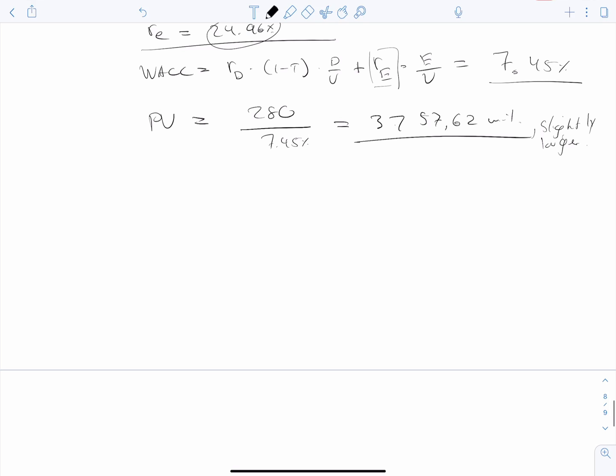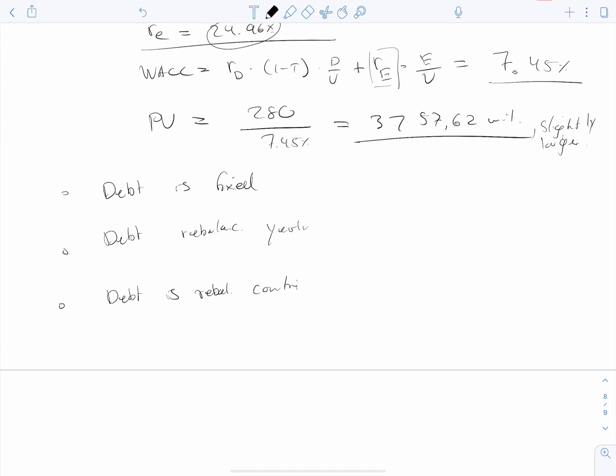You basically have the case where debt is fixed, right? That's one case. You have a case where debt is rebalanced continuously. And then you should think of debt rebalanced yearly as sort of a middle way, right?